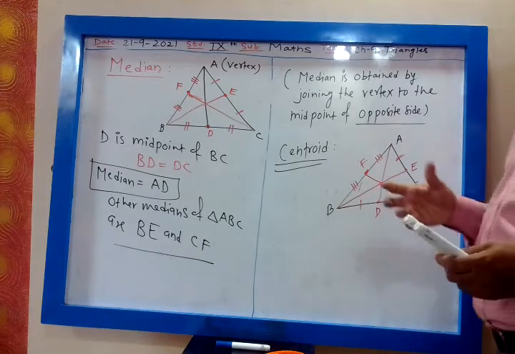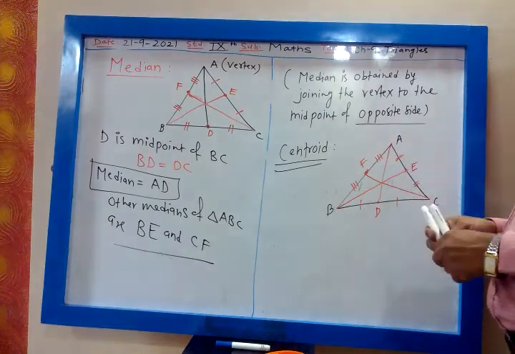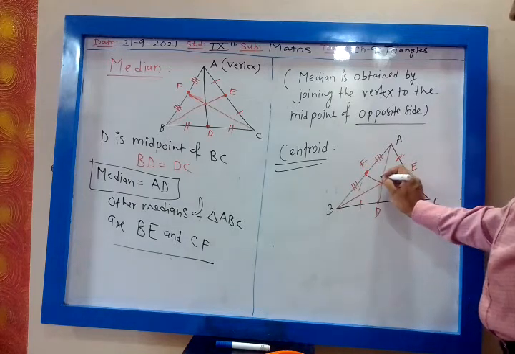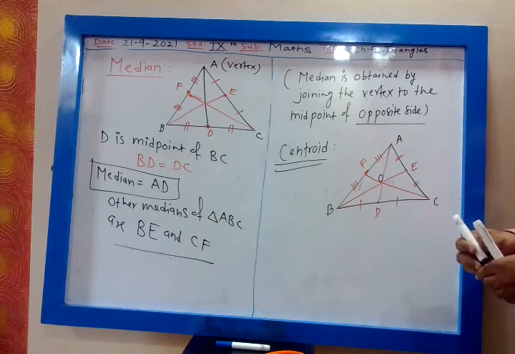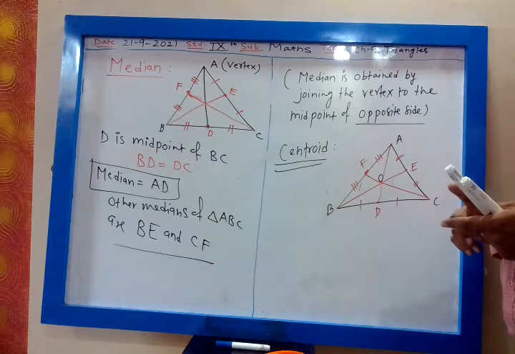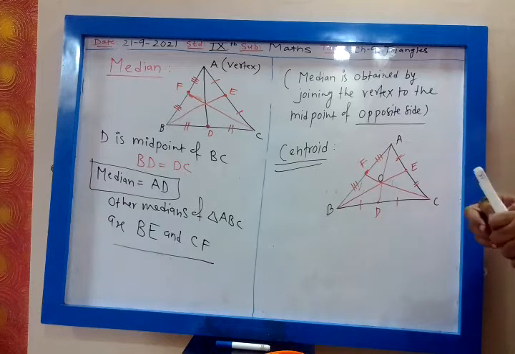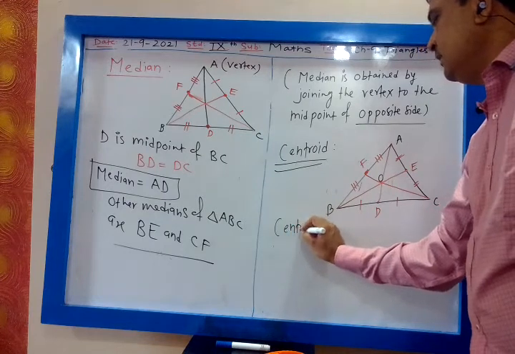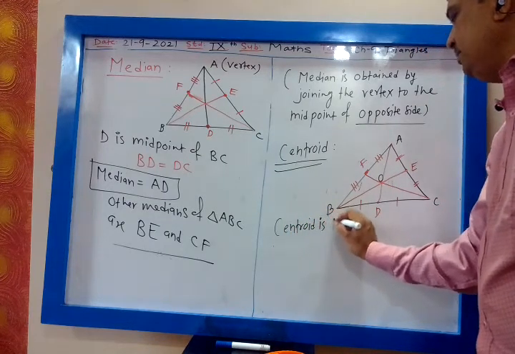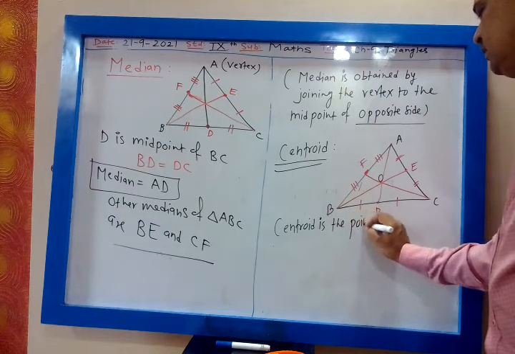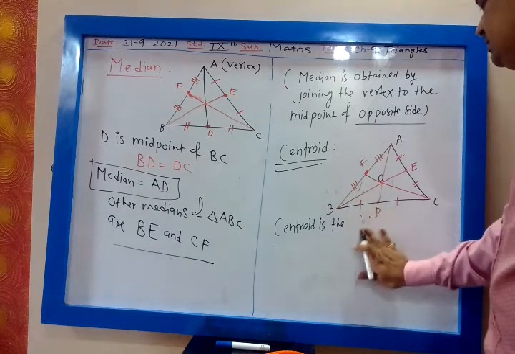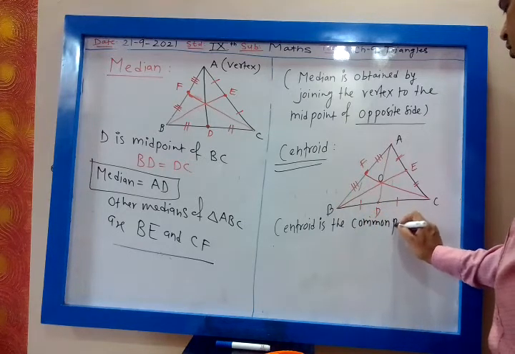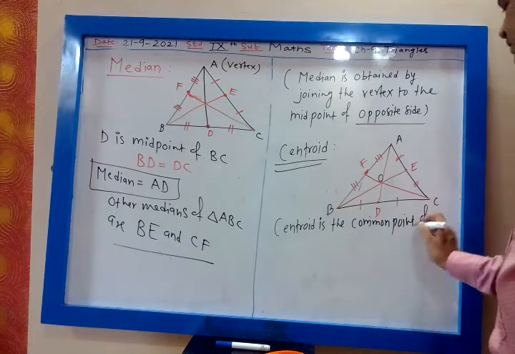So where all three medians intersect at one common point, that is called O. So what is centroid? Centroid is the point of intersection of all three medians.